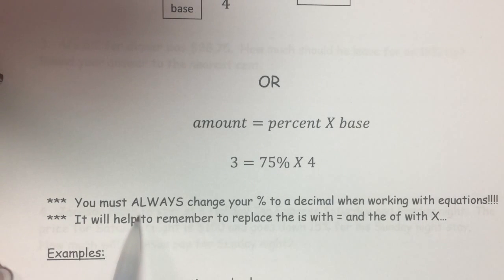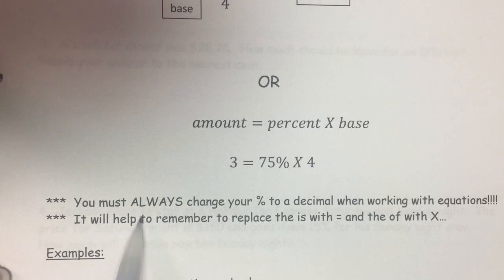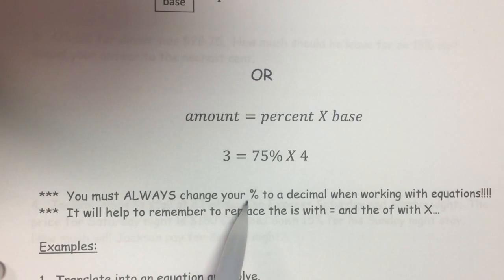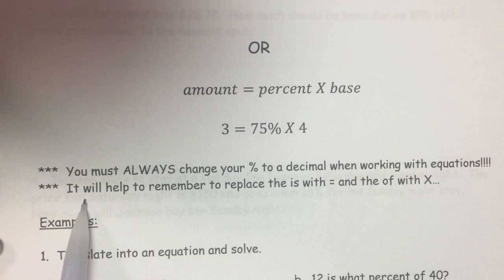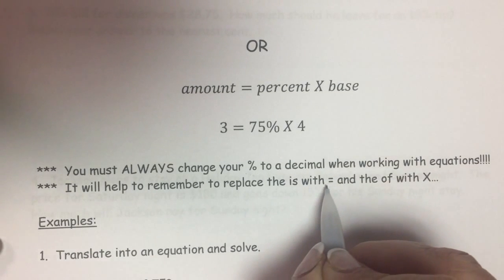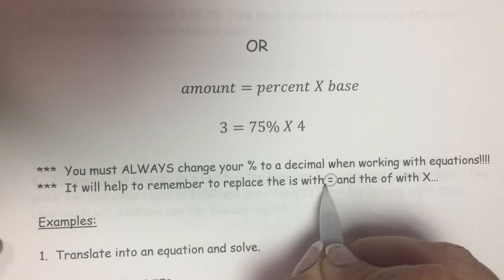We're going to set up equations, and we're going to solve equations. And when you solve or put a percent into an equation, you always have to change it to a decimal first. That's the big thing that you have to know. And then you have to remember, and we've talked about this before, that whenever you see the equals, that's where your is.